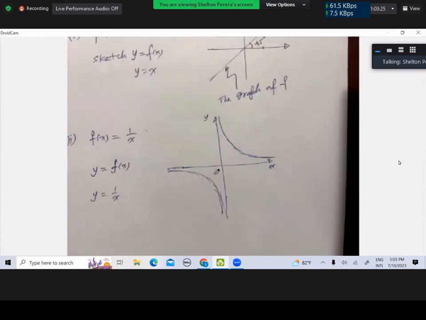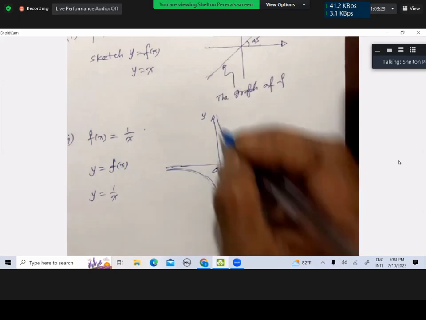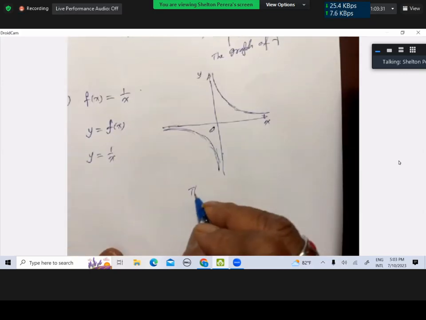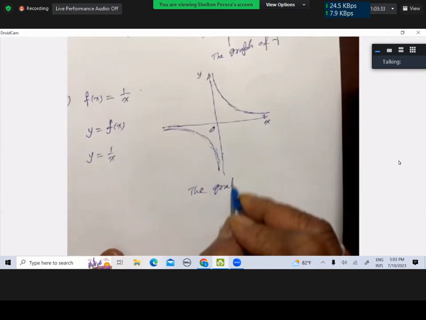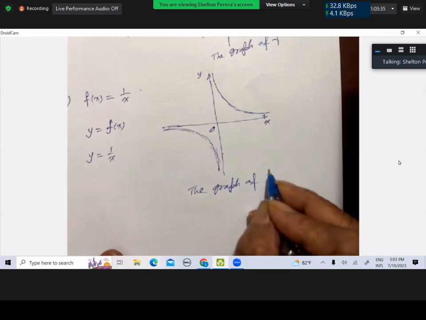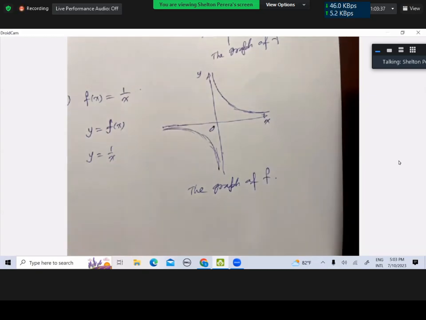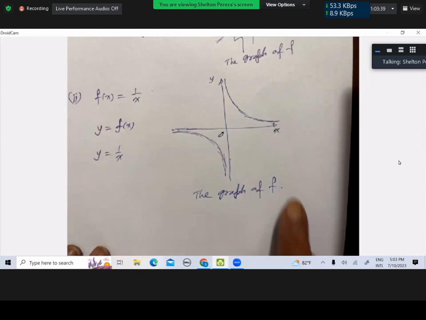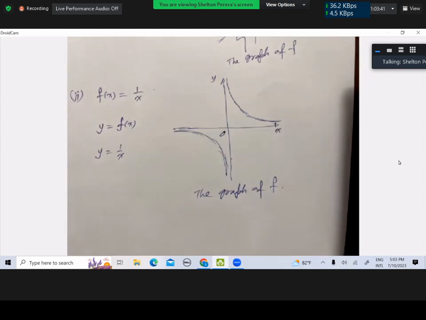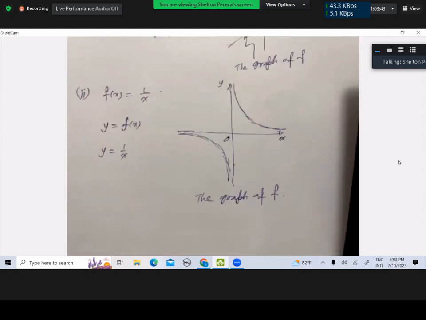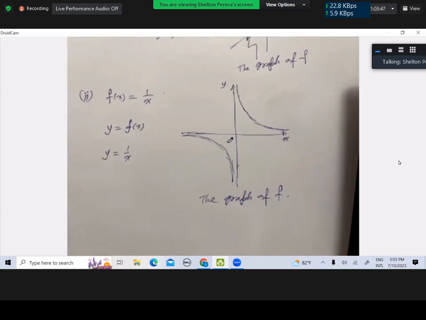Y equals 1 over x. Now this is the graph of this piece and this piece, the graph of f, or f of x, 1 over x. Sometimes people say graph of f of x. Whichever way it is asked, all you have to do is sketch the graph of an equation.